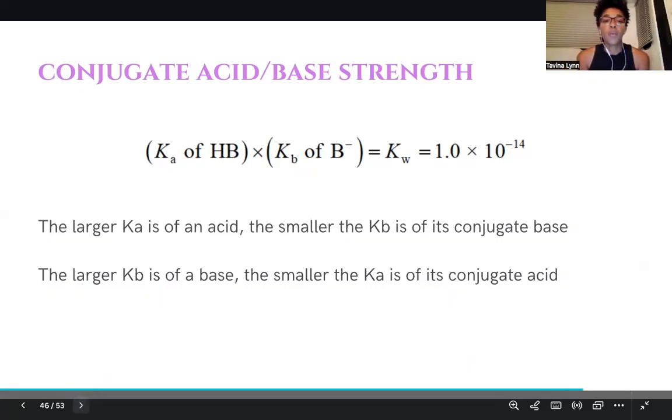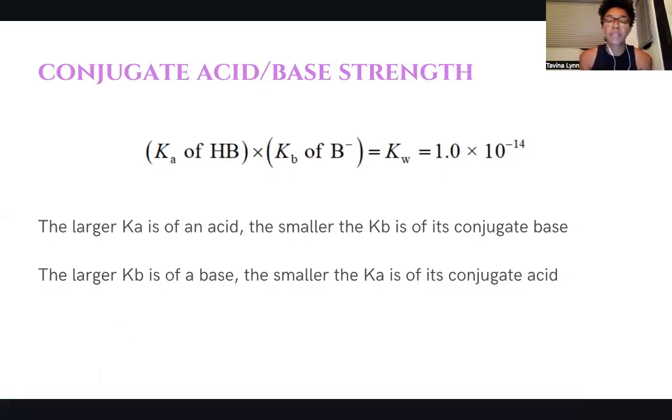So what is also true about this inverse relationship is that the larger the Ka is of an acid, the smaller the Kb will be for its conjugate base. And the larger Kb is for a base, the smaller the Ka is of its conjugate acid. So it's like we're saying the same thing, but in different ways.